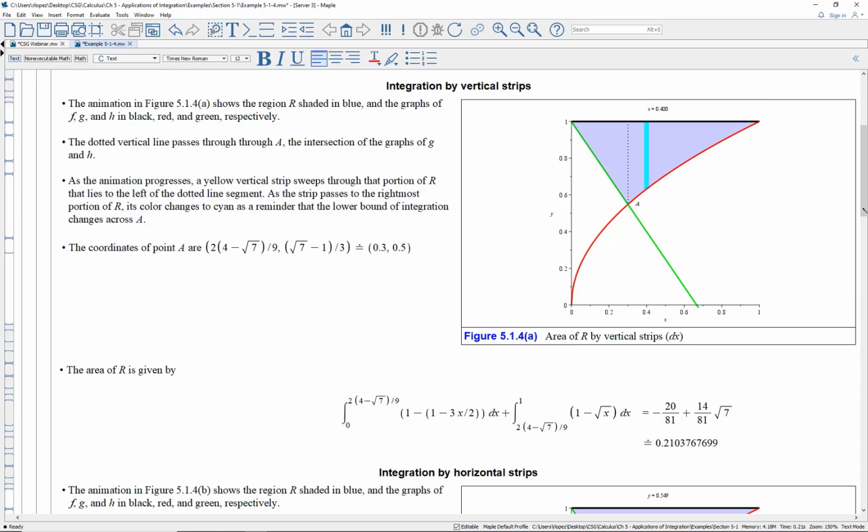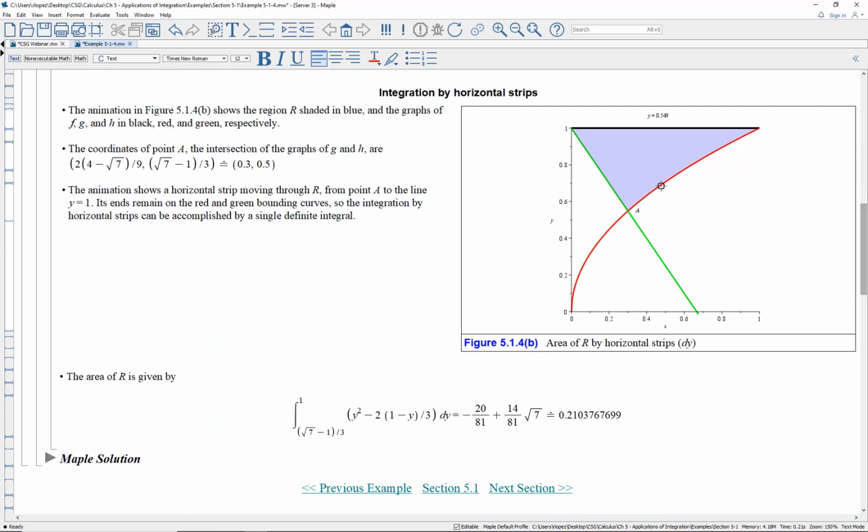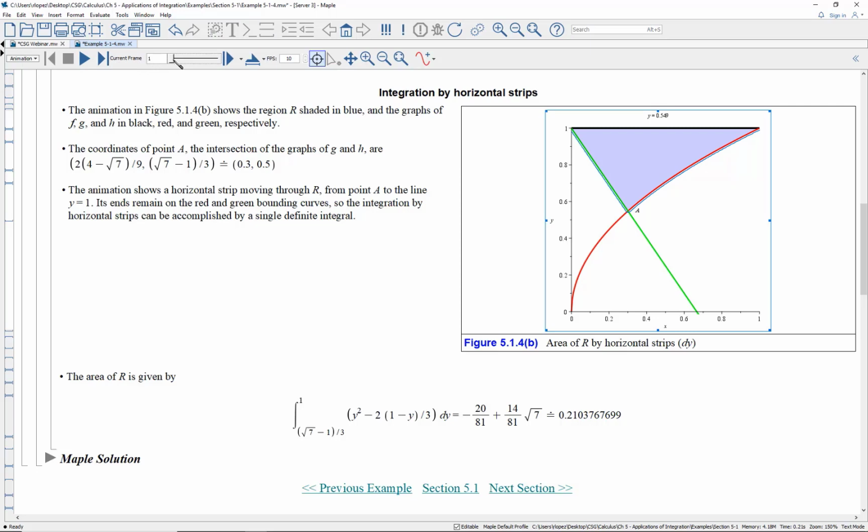Okay. If, on the other hand, you do horizontal strips, integrate horizontally, you're going from this green line to this red line, you really only need one integral, and the integration proceeds as a dy integral.